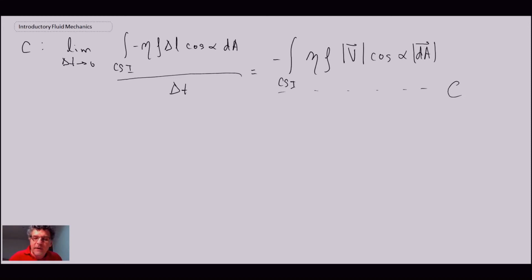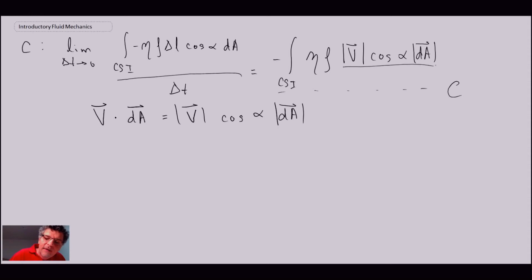The last thing I'm going to do here, and notice that we have magnitude of velocity V and dA and cos alpha. Well, if you remember back from looking at mathematical operations, this is just the dot product. And we talked about that before, or the direction cosine. So wherever we have this, we can replace it with the dot product between the velocity vector and the area vector.